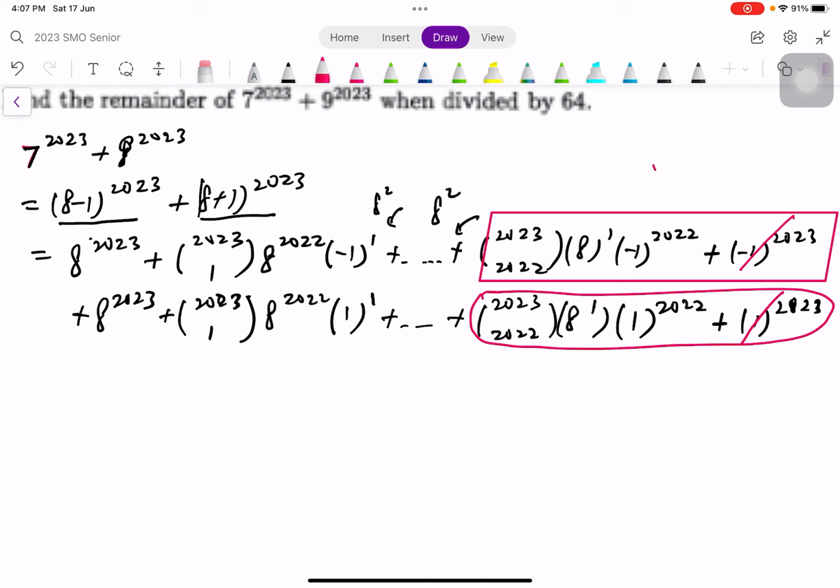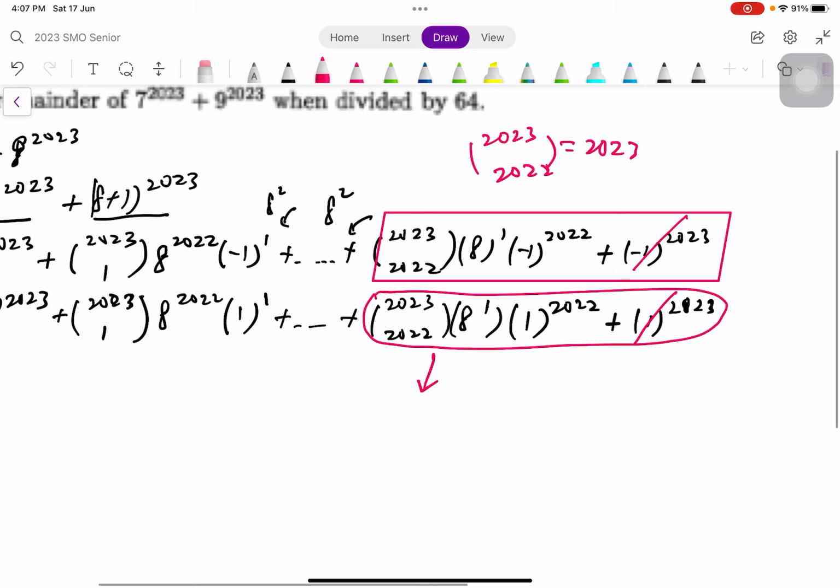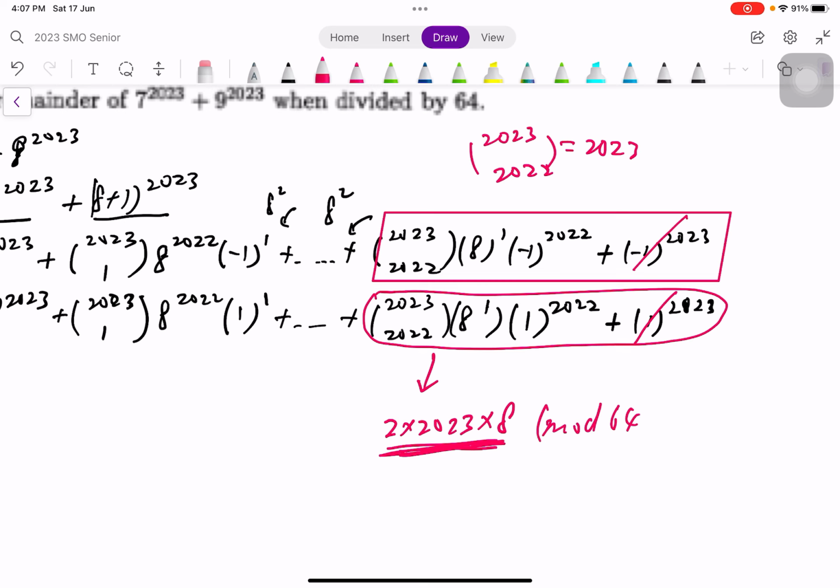Therefore, 2023 C 2022, that is basically 2023, right? Therefore, what you need to worry about is actually 2 times 2023 and then times 8, right? And we want to check when this number is divided by 64, what is the remainder? That means modulo 64.